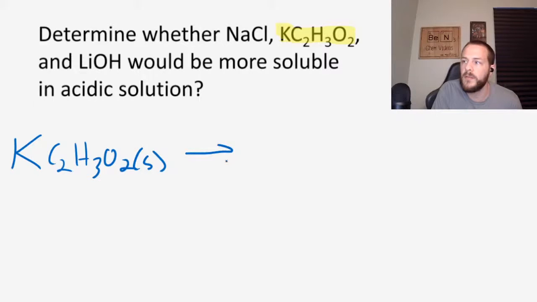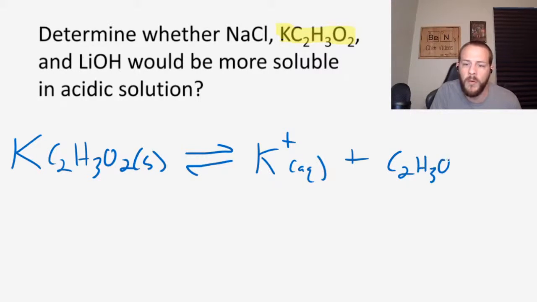That's going to react to form the potassium ion and the acetate ion. So the potassium, that's K+, aqueous, and then the acetate ion, that is C2H3O2-, and that's aqueous.